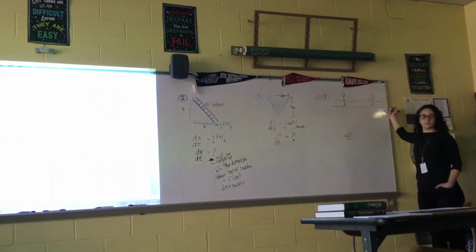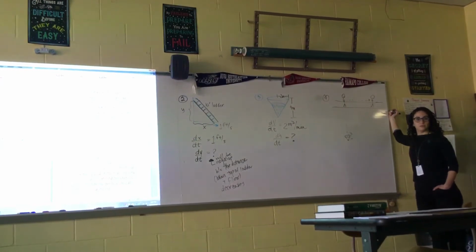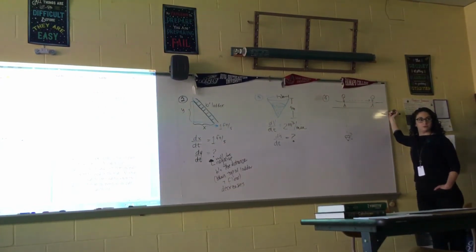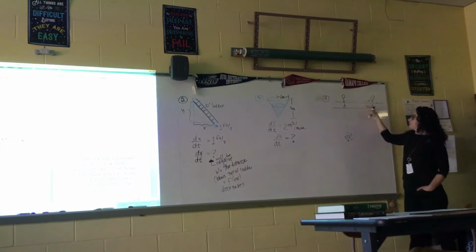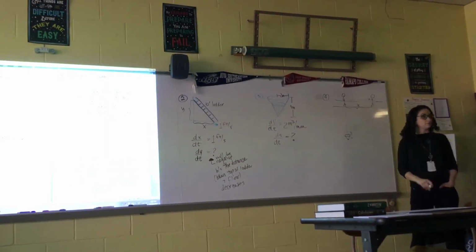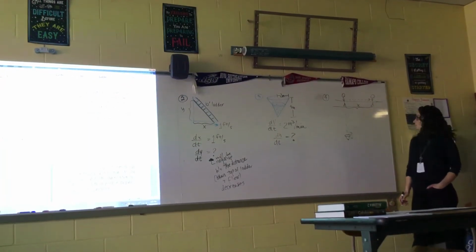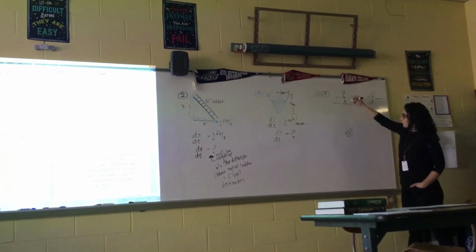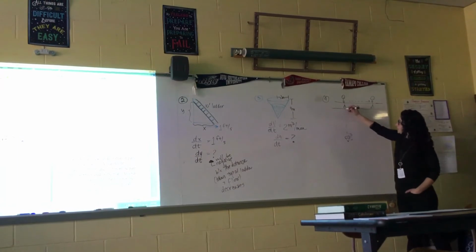What do I label? Here? We'll call this distance x. And then what is this vertical distance?